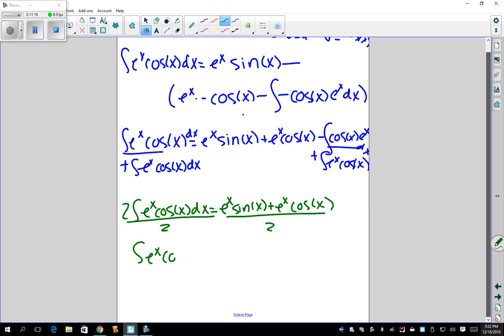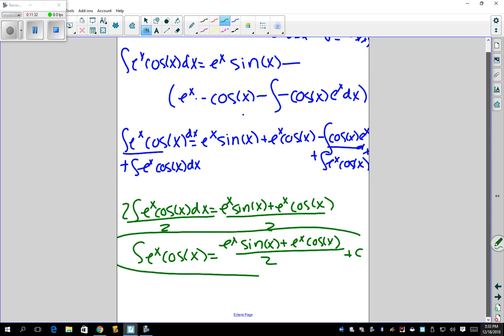So I get that this integral is equal to e to the x sine x plus e to the x cosine x, divided by 2. And can't forget that plus c. So we can wait to add the plus c onto the end. That way it just doesn't really get in our way. So this is your final answer for this problem.